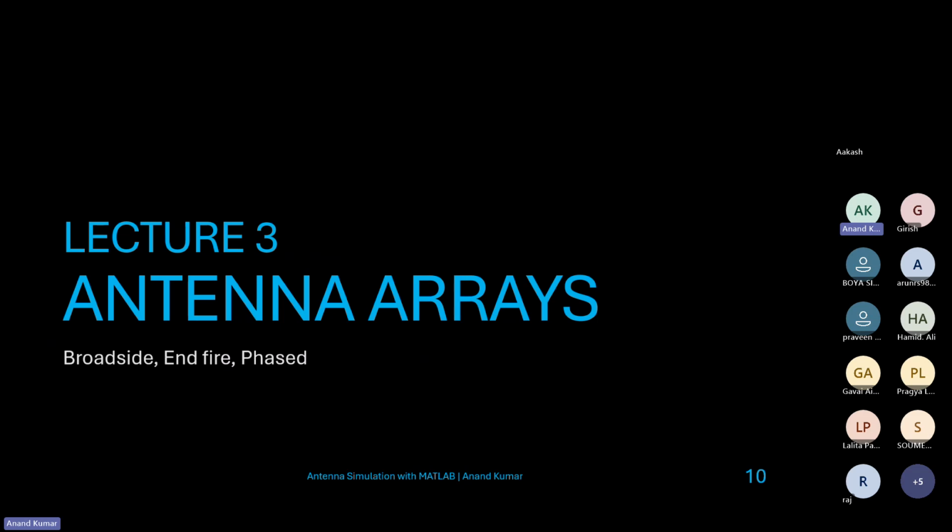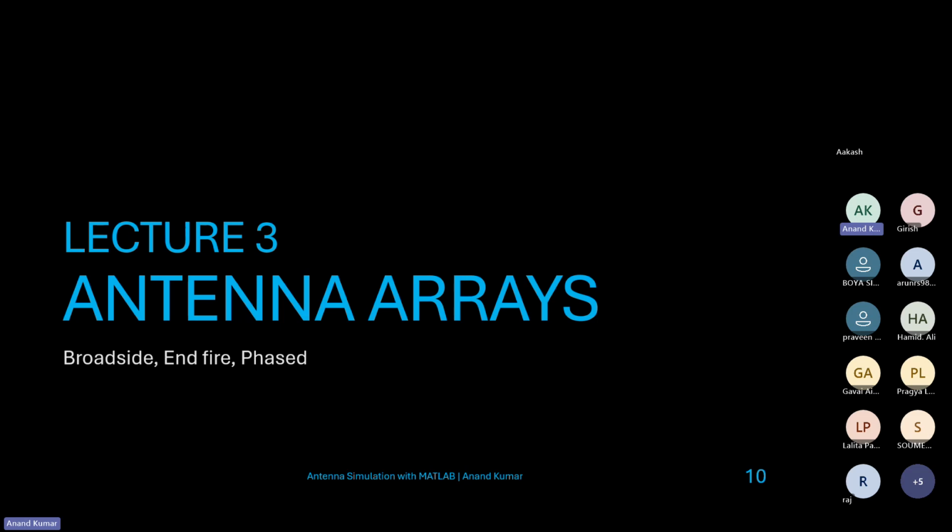If you recall from the antenna lectures, we studied antenna arrays, and there was this term called array factor, which you multiply with the element pattern. When the array factor and the element pattern multiply, you get the pattern for the antenna array. So that's what we'll see.